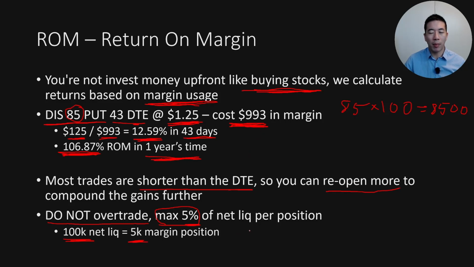So the max amount of Disney 85 put contracts you would open is 5 of them. Only 5 positions. This will keep your margin usage safe and balanced. It will keep you in a safe and sweet spot between risk and reward, not oversizing and not overtrading.